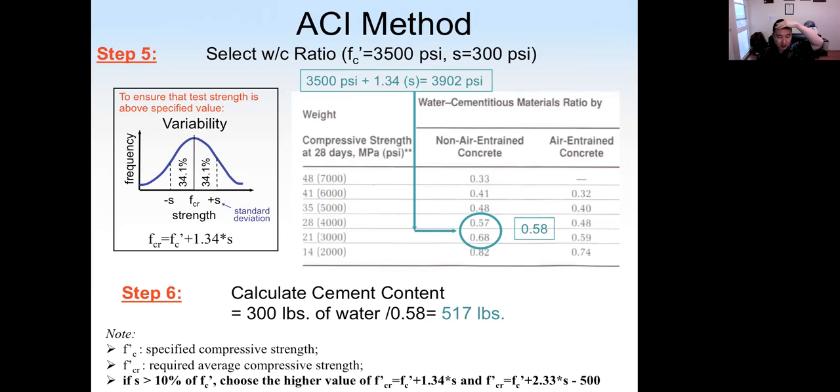This step is a little bit complicated. The question tells us the required strength of concrete is 3,500 psi, and also a standard deviation of 300 psi. So what we should do is use these two equations, depending on the standard deviation S. S is 300 psi.